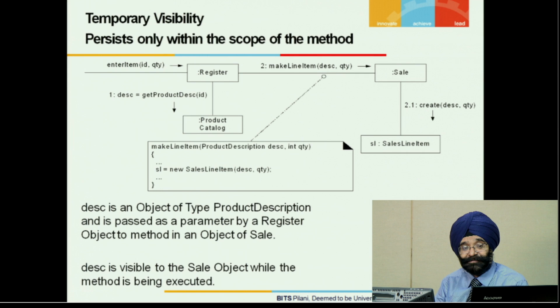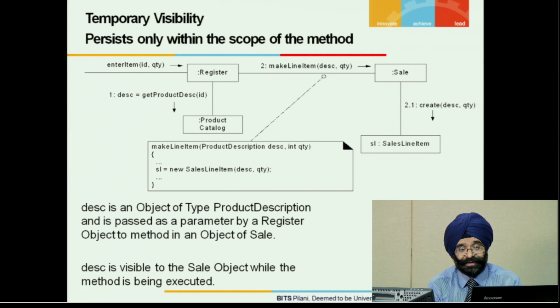Now, this makeLineItem method requires two parameters. It requires an object which carries the description of the item, and the quantity of the item, and it will do whatever processing it wishes to do. It is not the concern of the register. Now, when this description has been passed as an object, this is the passing that we are talking about.